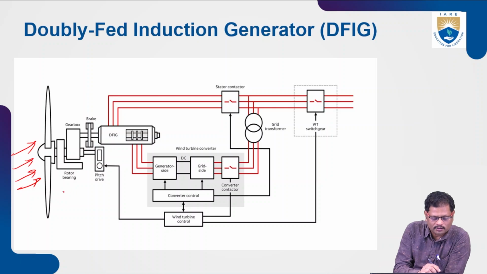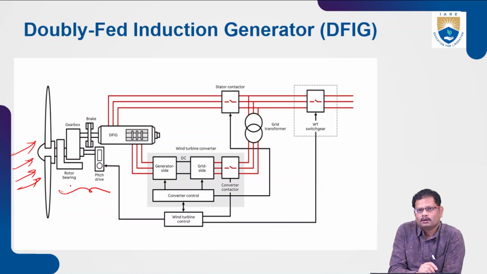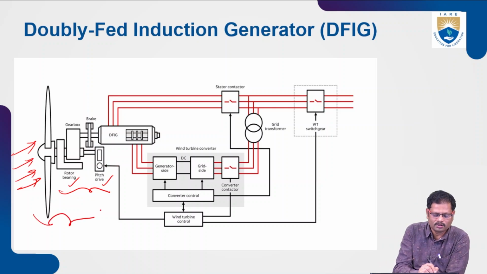Here, during windy season, or when the wind is available, the rotor starts rotating, but the speed of the rotor is very low. So by using a gearbox, we can increase the speed. Here a brake and rotor bearings are available, and the pitch drive, which is the mechanism of the wind power plant.